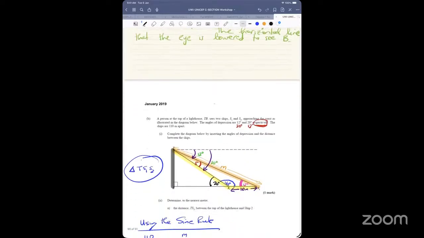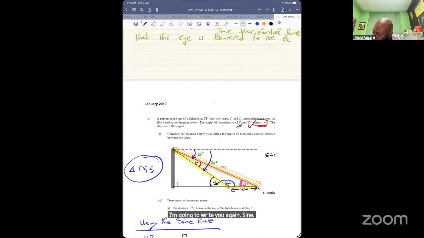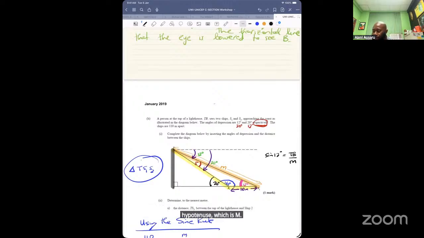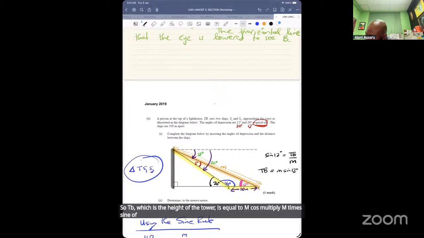Sine of 12 degrees is equal to opposite, which is TB, over hypotenuse, which is M. Make sense? So TB, which is the height of the tower, is equal to M cross multiply, M times sine of 12 degrees.